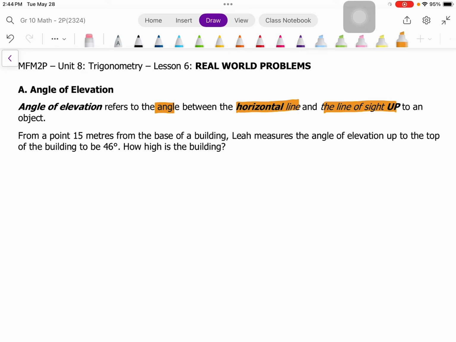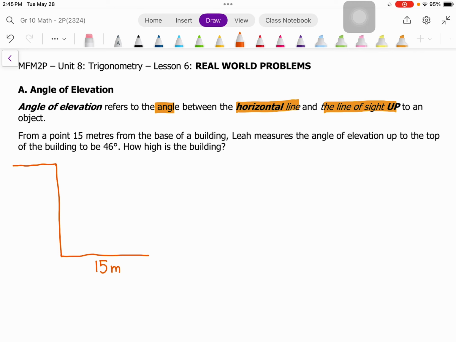So from a point that is 15 meters from the base of a building, so here we have our building, and from a point that's 15 meters away, Leah measures the angle of elevation up to the top of the building to be 46 degrees.